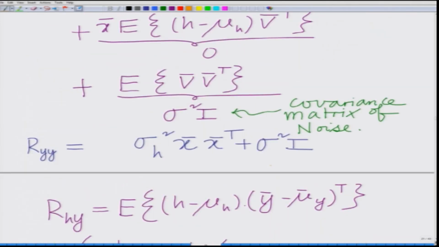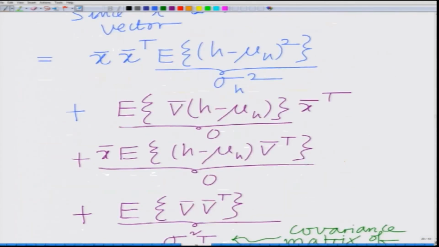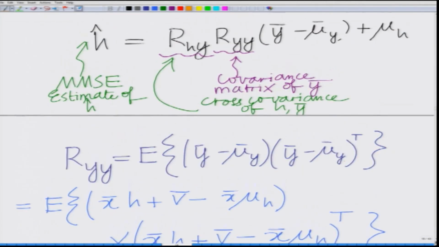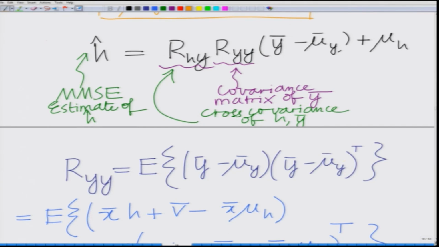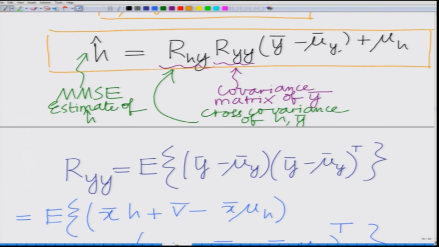In the above, we have derived the expression for R y y. Now, all we need to do is substitute it in this expression here for the MMSE estimate, and we are going to derive the final MMSE estimate.